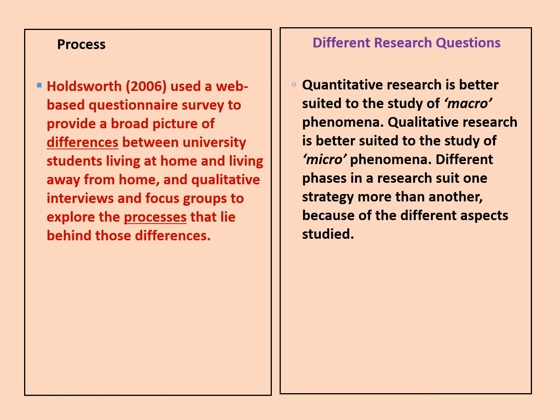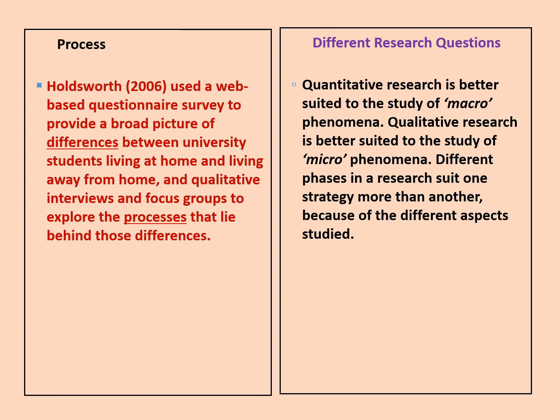Process. In a study conducted in 2006, looking at differences between university students living at home and living away from home, the researcher first used a web-based questionnaire survey to provide a broad picture of the differences between these two types of students.